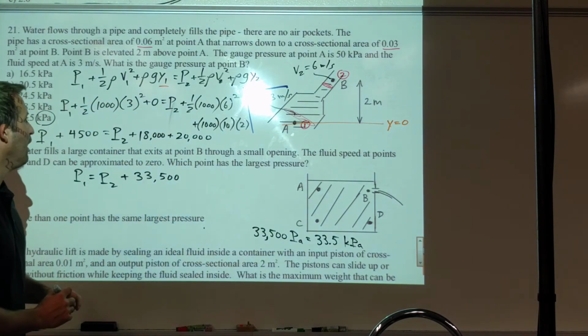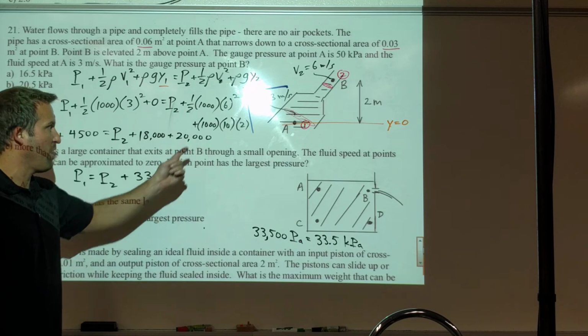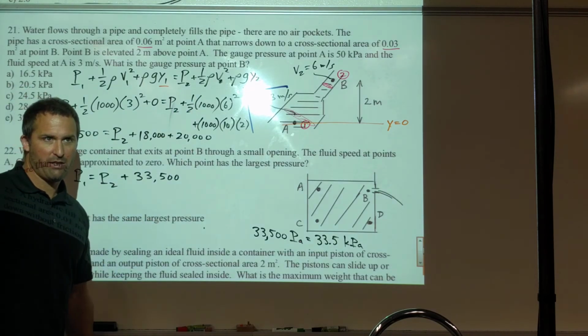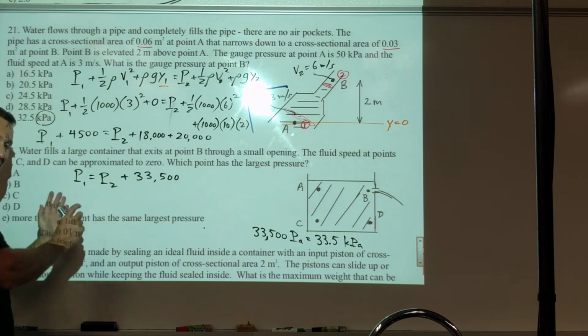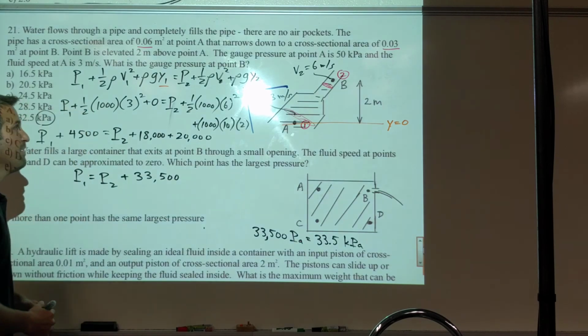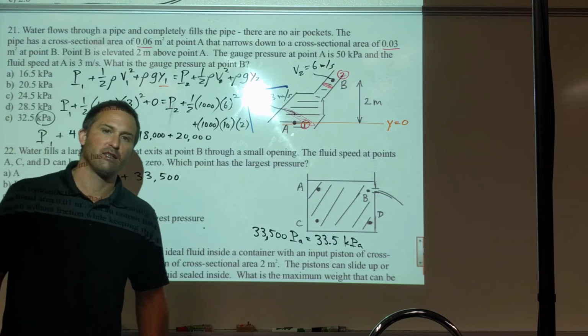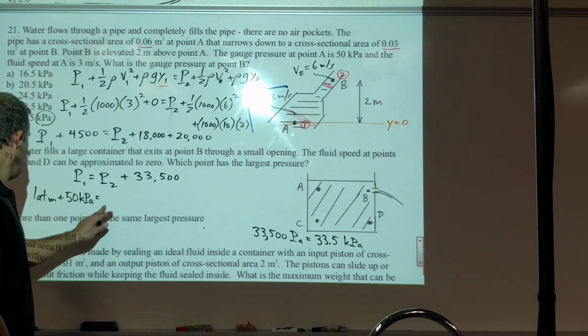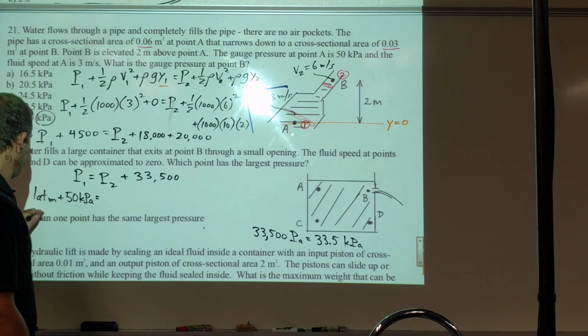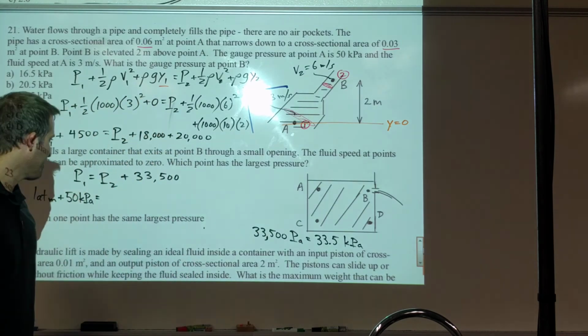And so, what else is given? The last piece of information here. It tells us the gauge pressure at point A is 50 kilopascals. Now this P1 by itself represents the absolute pressure. If the gauge pressure is 50 kilopascals, we could write this as 1 atmosphere plus 50 kilopascals, because gauge pressure means the pressure above 1 atmosphere.